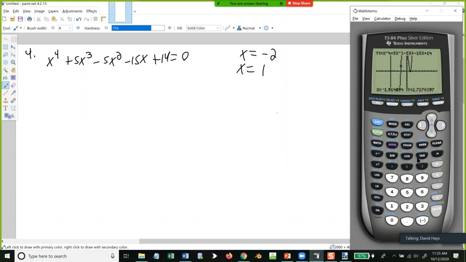Second trace, choose intersect. Enter, and then 2. And we get 1.3166248.